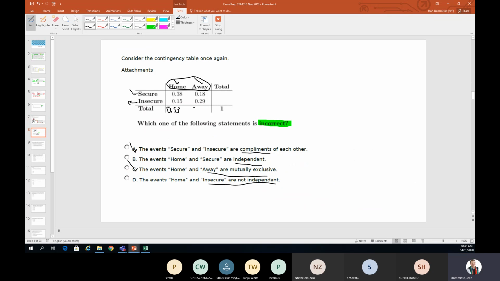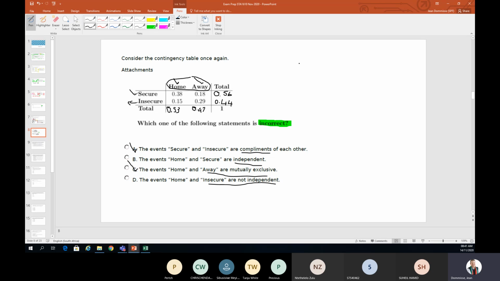So if that is 0.53, this will be 0.47. That one was 0.56. Okay. 0.56, and 0.44.